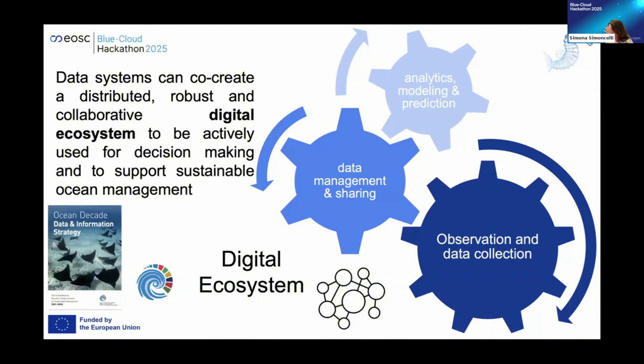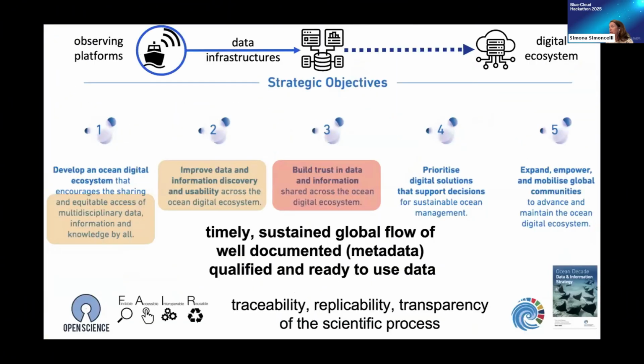So this ecosystem is made of three main components: of course, the ocean observation and data collection, then the data management and sharing, and the data analytics, modeling, and prediction. So these are the key components, and here are the strategic objectives that have been drafted in this strategy.